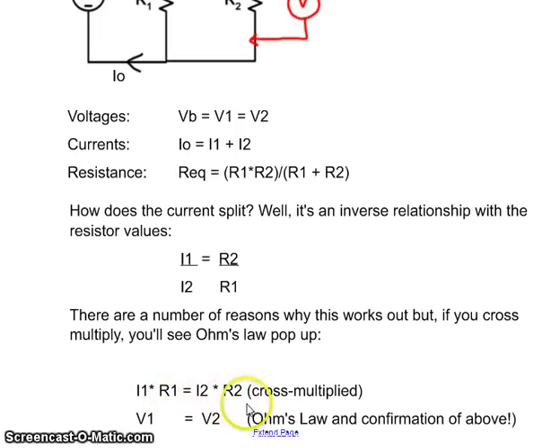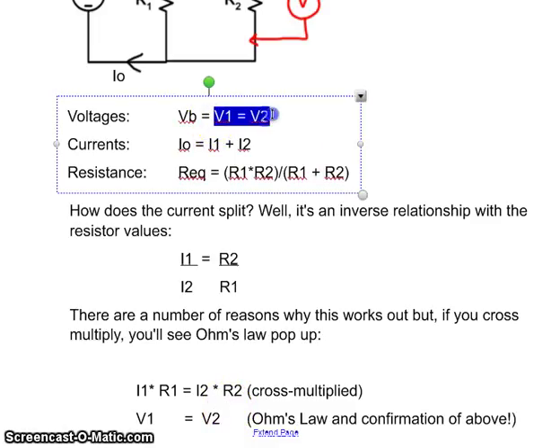But notice, this is I times R for resistor number 1. According to Ohm's law, that's V1. And over here we have I times R for R2, and again, according to Ohm's law, that's V2. And so we have V1 is equal to V2, which we knew right from the top.